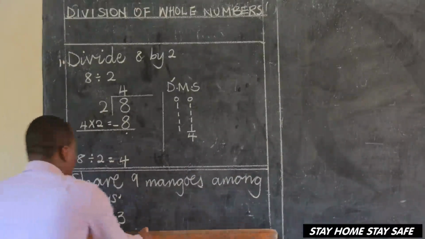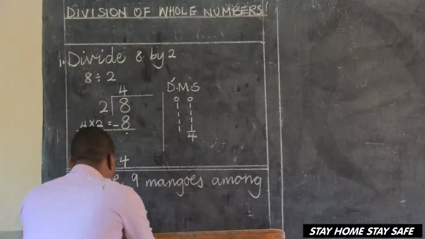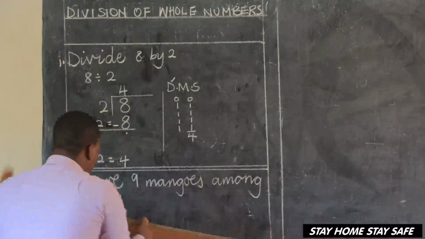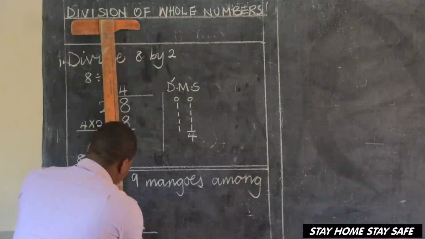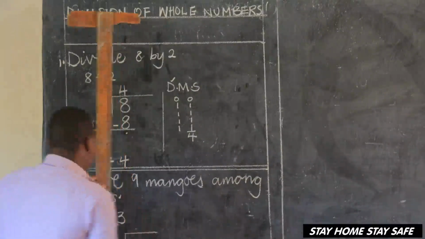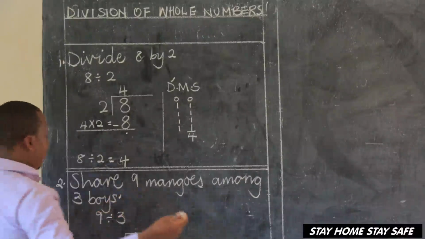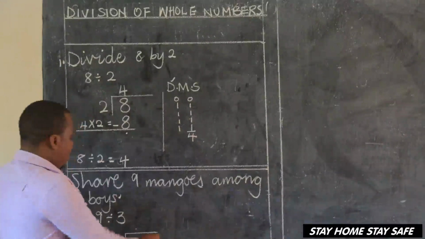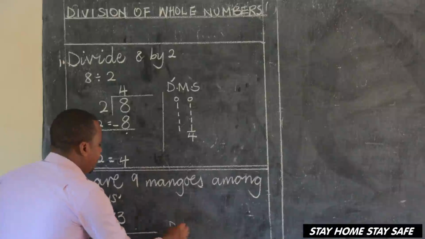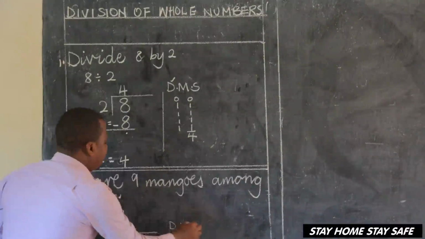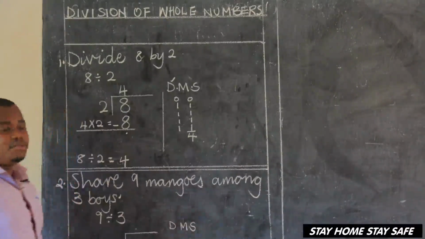So what do we do next? We are now going to introduce our long division. Smartly, just a straight line and another straight vertical line. Don't forget that during long division, we are going to have division, we have multiplication, and we shall have subtraction.